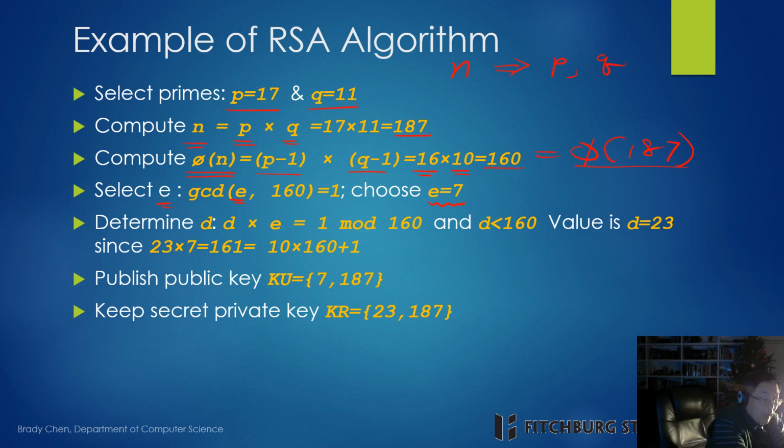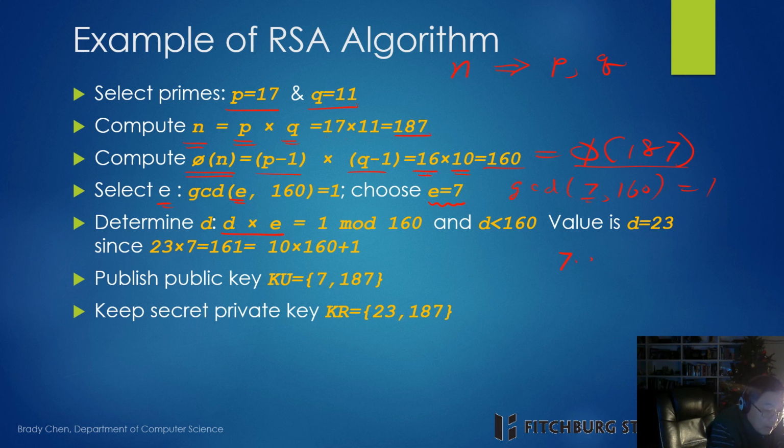So you can verify that the GCD of 7 and 160 is 1. It is 1 because 7 is a prime number. So a prime number is relatively prime to any number, right? And then we find a D, so that E times D equals 1 modulo 160. So that means, in other words, we find E is 7.